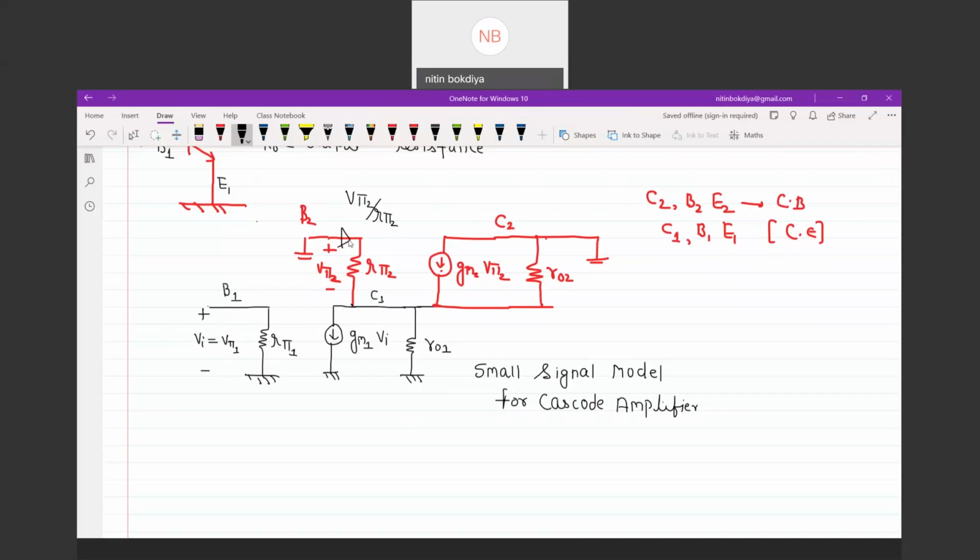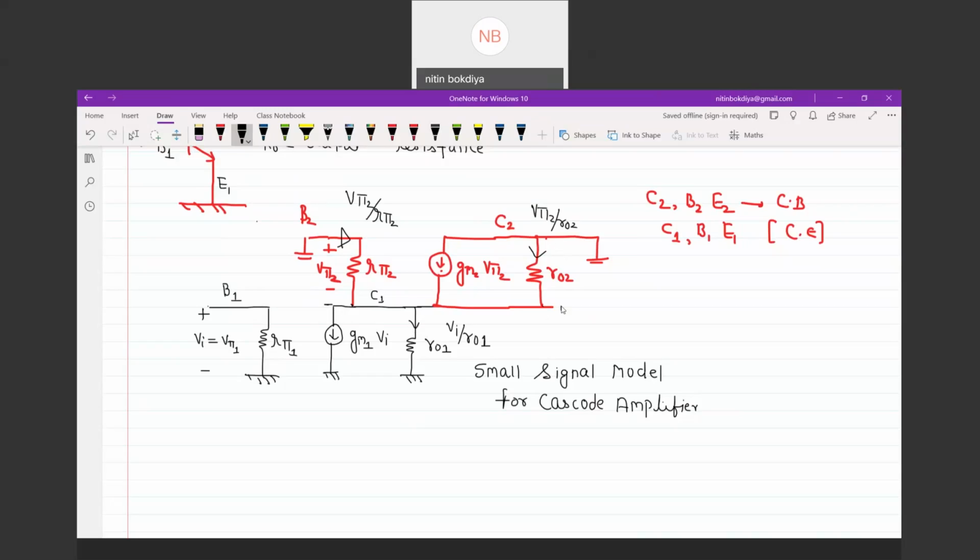Current from here is V pi 2 divided by R02, and note that this is not zero. Current here will be V pi 1 divided by R01.